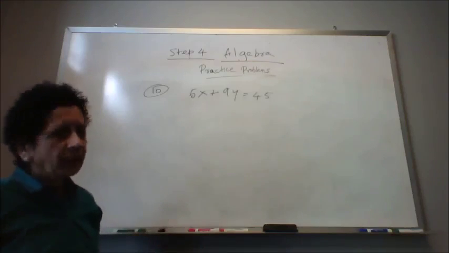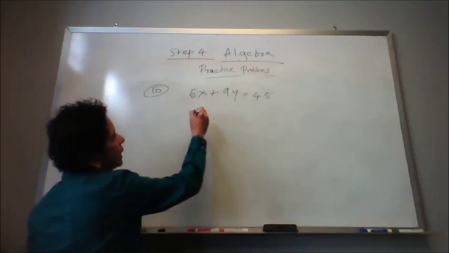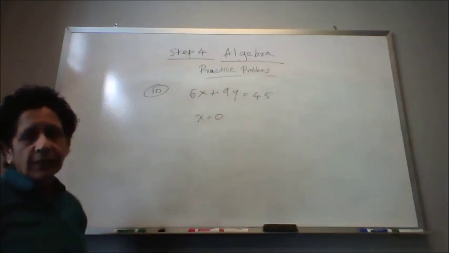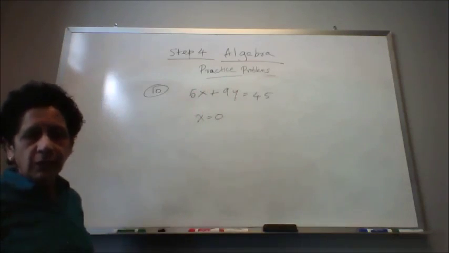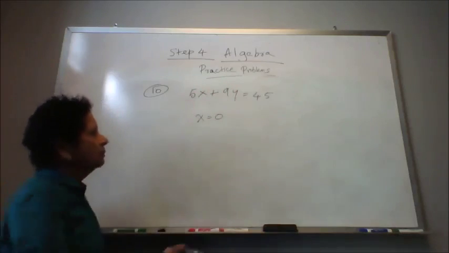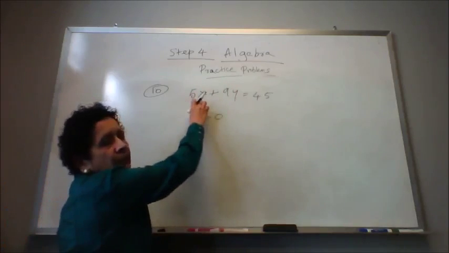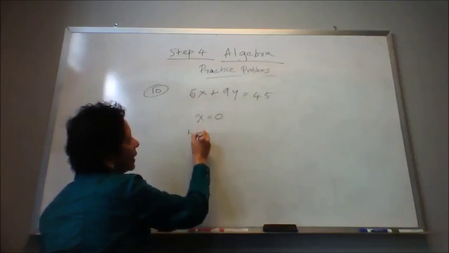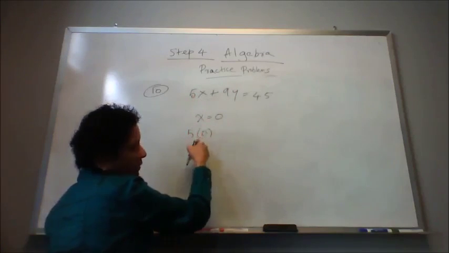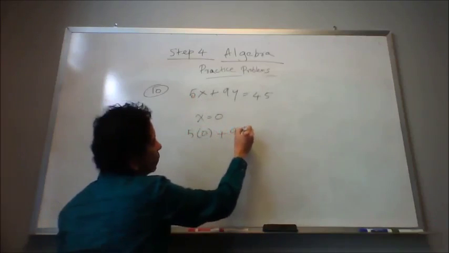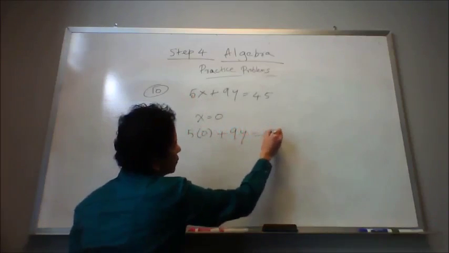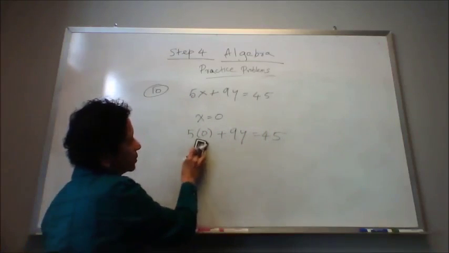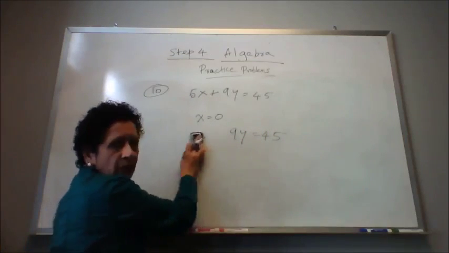So you can pick any x value. I'm going to pick x equal to 0. Let's just pick some number, x equal to 0, and then I just need to plug in here. So if I plug in x equals 0, 5 times 0 is 0, so I don't need to worry about it. That's gone.